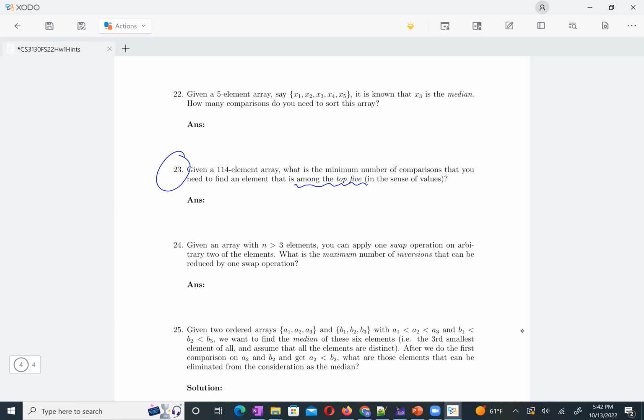Think about if we sort this array. Top means highest value.